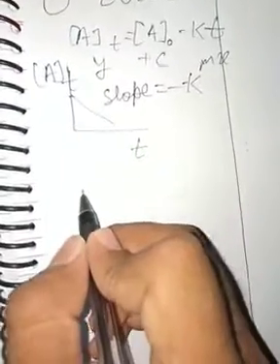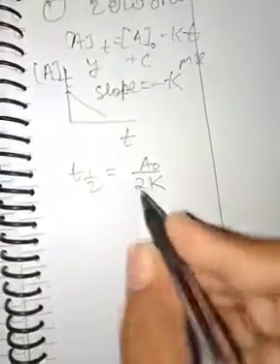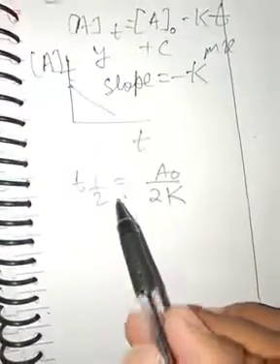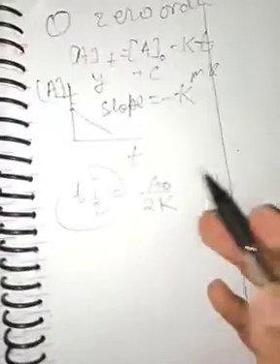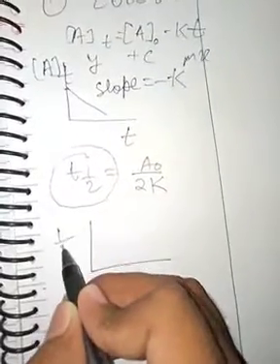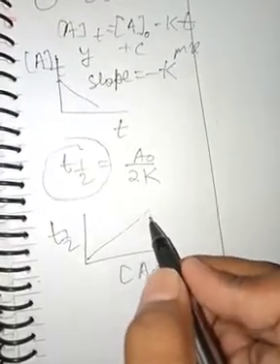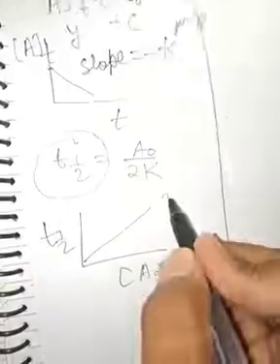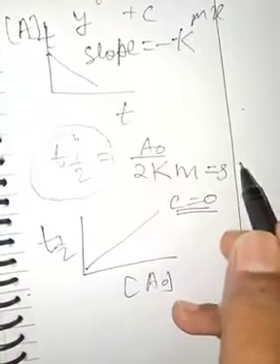Next, we have t half is A_0 upon 2k. With this relation we can easily derive the graph for t half versus A_0, which is a straight line, of which the intercept is 0 and the slope is 1 by 2k.